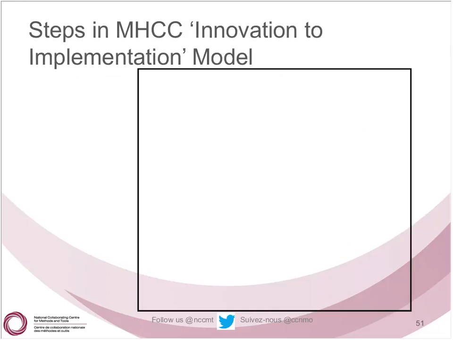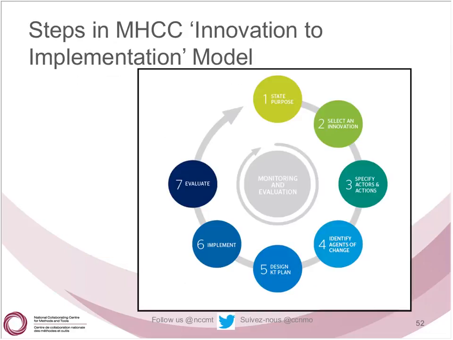So in this model, they follow the model that's shown on the screen, and you'll actually see it's got some pretty good alignment with the kind of model that we describe for evidence-informed public health, which makes sense because both of the models are thinking about and talking about knowledge translation.